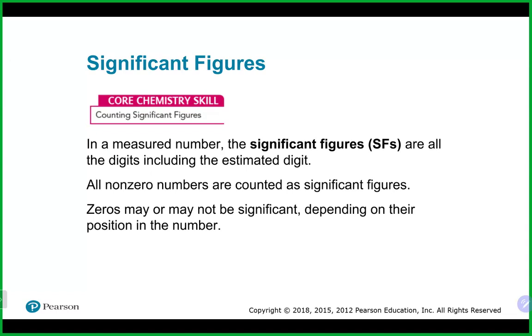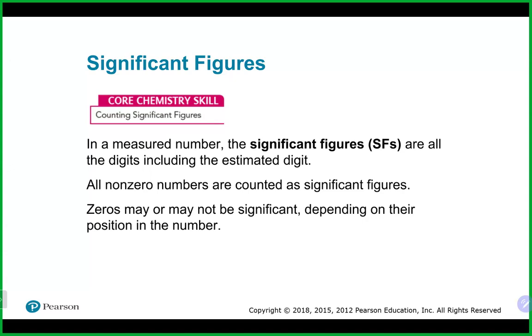And again, exact numbers are different than measured numbers. Exact numbers are numbers that are either something that is counted or something that's considered like a definition, like 12 inches equals 1 foot, something of that nature. Something that's counted, again, if you had apples on the table, you would just count how many you have. You're not going to do a science experiment or a big measurement to try to figure it out.